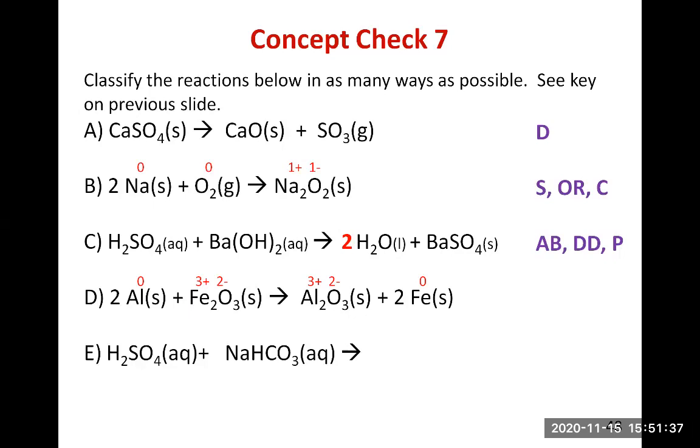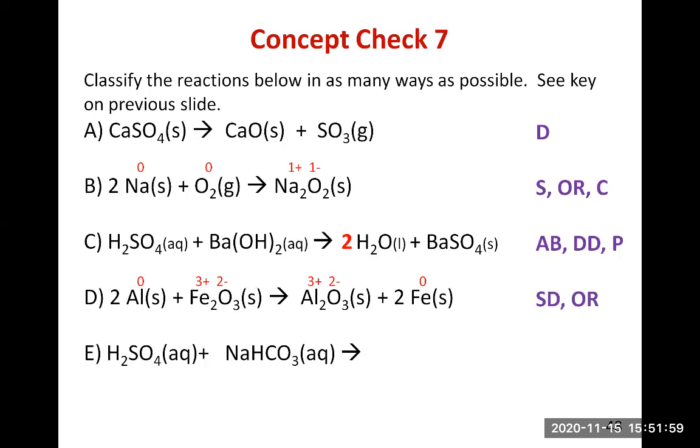So we can see that aluminum goes from a natural state of 0 to a 3 plus cation. And then the iron goes from a 3 plus state to a 0 state. So this is definitely an oxidation reduction reaction. We can also recognize this as a single displacement.